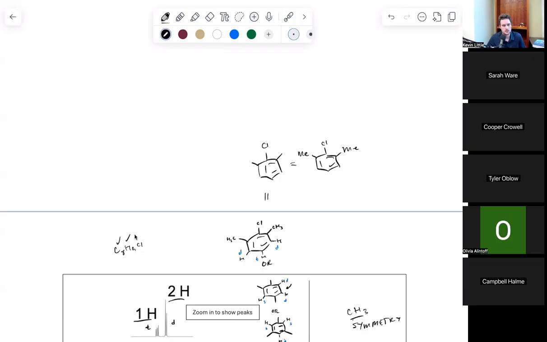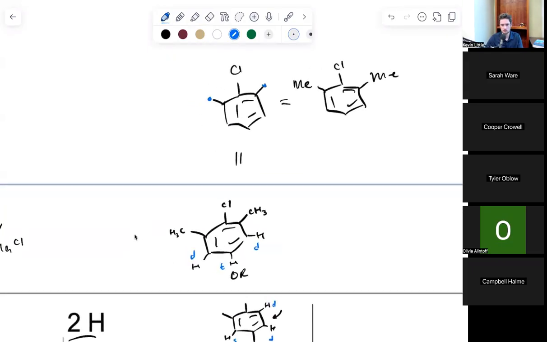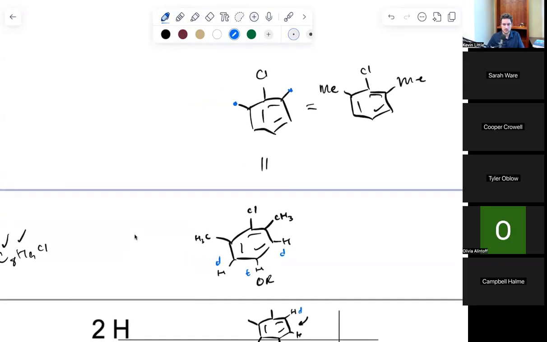Yes, and also I know to put the chlorine in the middle because these two carbons have to be the same. So that leaves only one place to put the chlorine because I also knew that it had to be tri-substituted in that specific way.